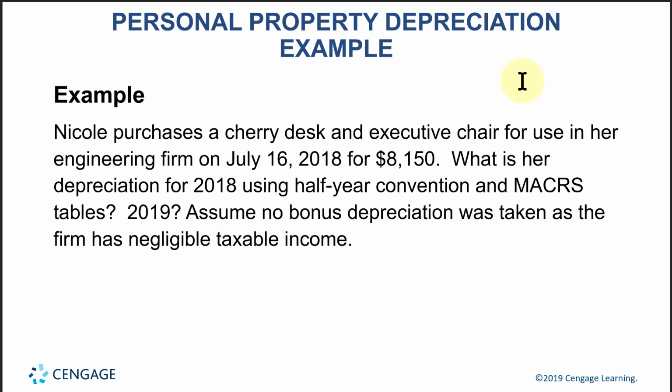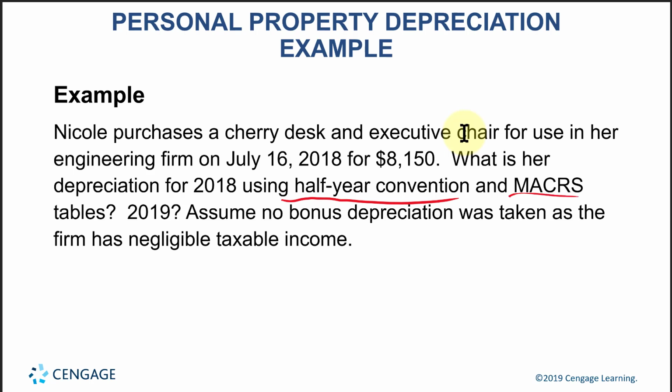So let's see. Another example, we have Nicole buying a business desk and a chair. This is office furniture that has a class life of 7 years. We're told to use the half-year convention.